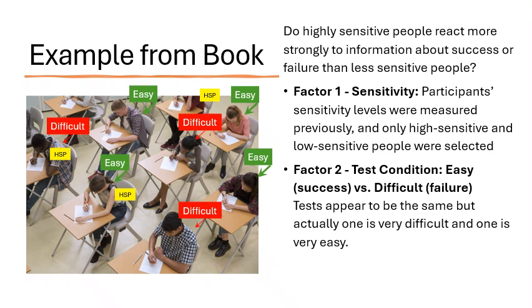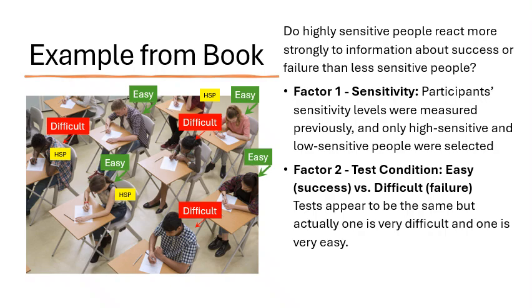Because people are seated alternately, everyone gets a test, but the people who have the difficult test think everyone has the difficult test. The people who got the easy test think everyone has the easy test. So if you are a sensitive person with a difficult test, it's taking you a long time to finish, and the people all around you have been given an easy test, they're finishing up faster, so you're thinking, oh gosh, I'm failing.